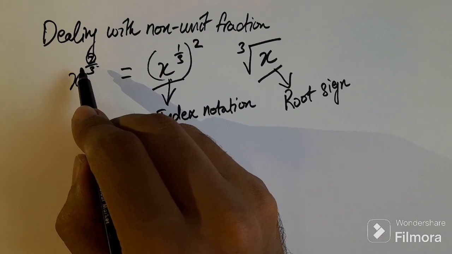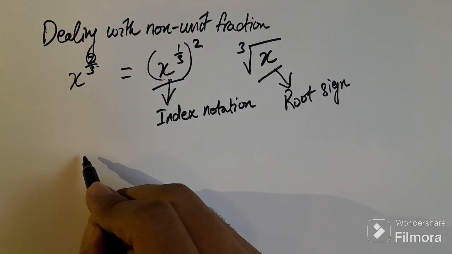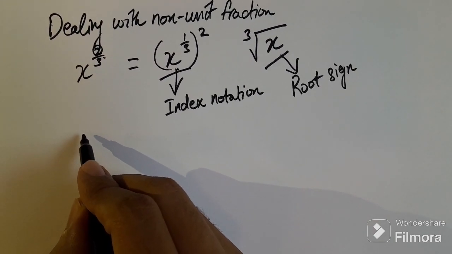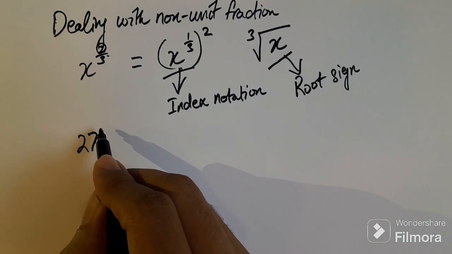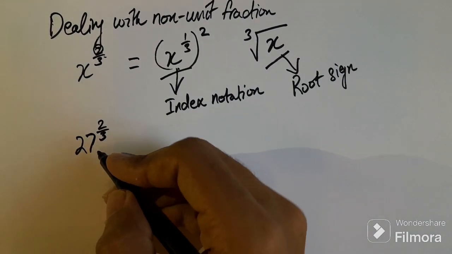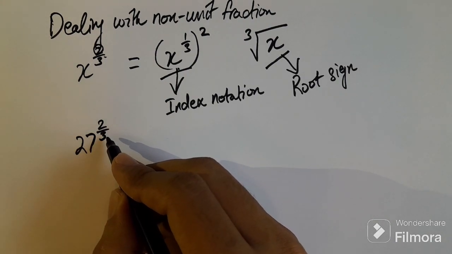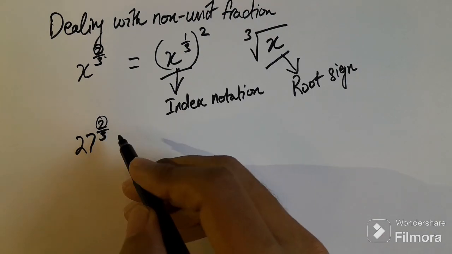Another example: if we have 27 to the power of 2 over 3, first we will move 2 outside and keep the 3 inside.